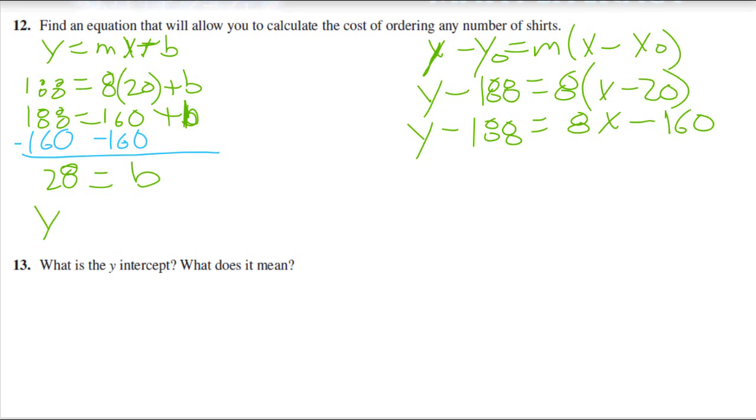I know my b, I know my y-intercept, I know my slope m equals 8x plus 28. On the right-hand side now, if I actually have an equation for y in, that I can use to calculate y if I know x, but I don't have what we call y in terms of x.